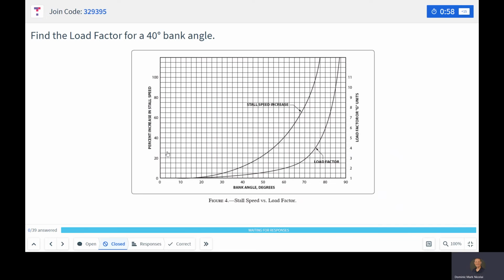So again, you're going to be touching on the proper scale. You're going to go to one side or the other of the chart to touch your answer there. So start at 40, go up to the appropriate curve, go to the appropriate side for your scale, and touch your answer.